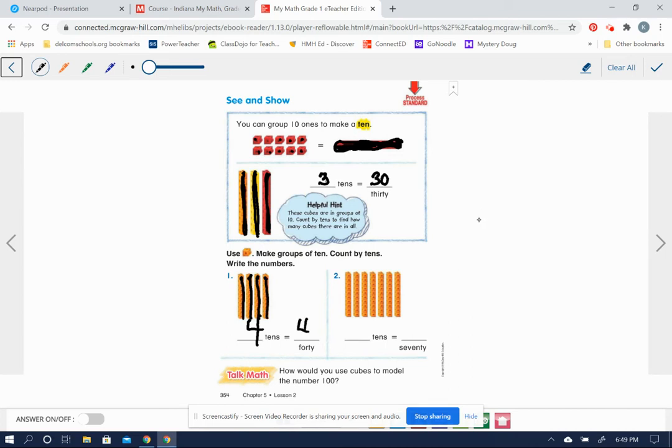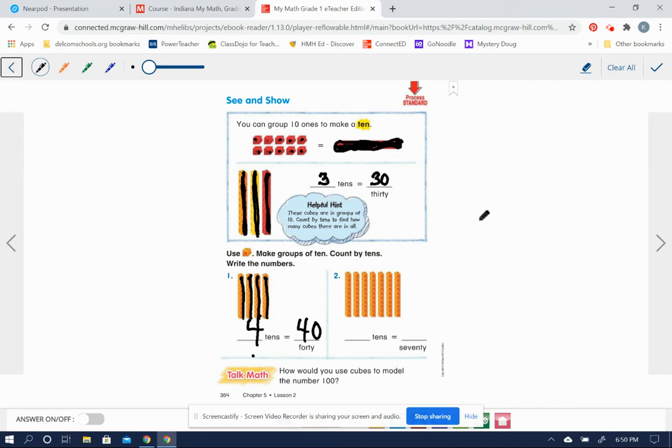There are 40 cubes. Now, does that mean there are 40 tens? No, there's only 4 tens. That's the same as 40 ones or 40 individual cubes if we would break all these apart. But then we would have to count them by ones, and that would take a long time. If we put them together by tens, we can count them faster.